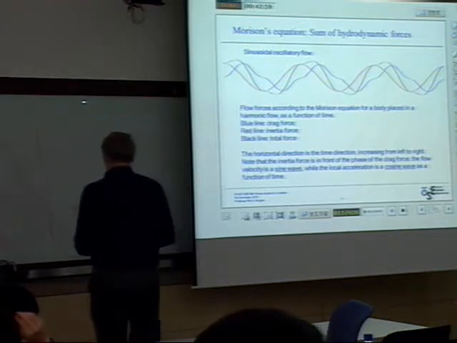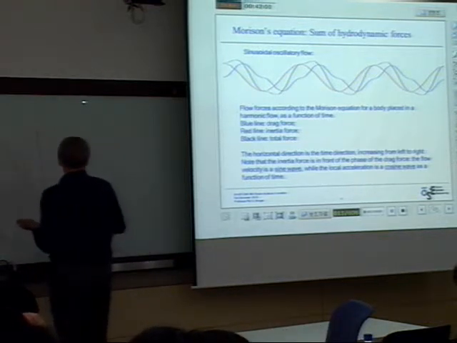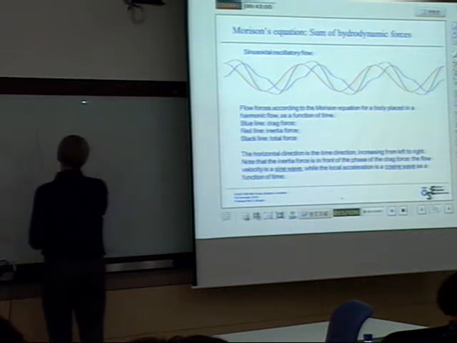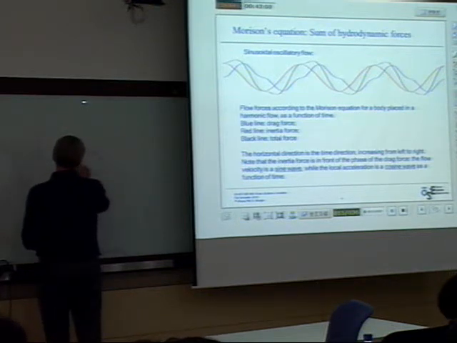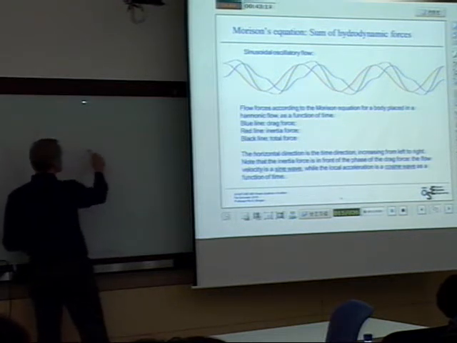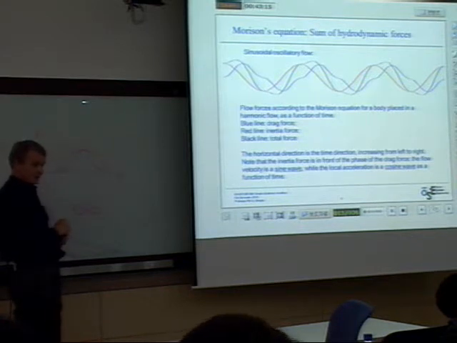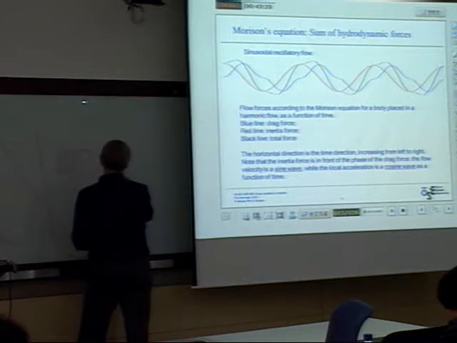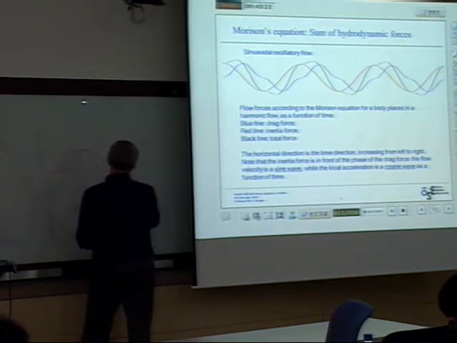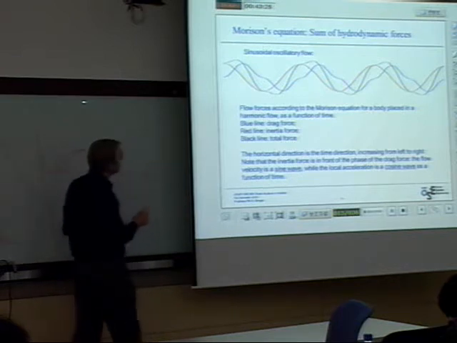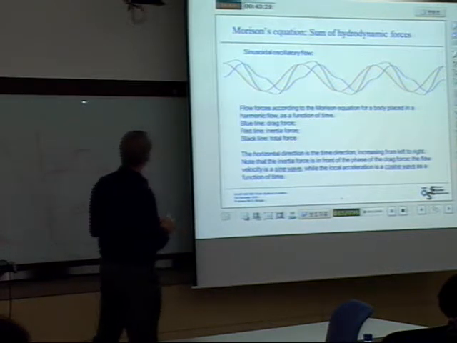So a sine function looks like this, but a sine square function looks like this. And of course, this is the drag term, but then the sign always comes in, so it looks also like this on the other side. And that's what you see here for the blue line, right?